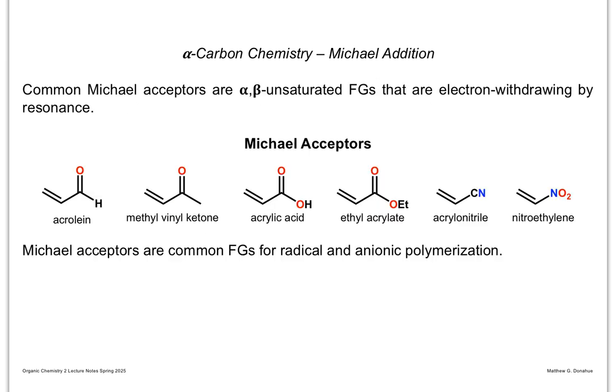So what are common Michael acceptors? If we highlight in green, the alkene's common amongst all of them. And then what is different, I'll highlight in yellow.